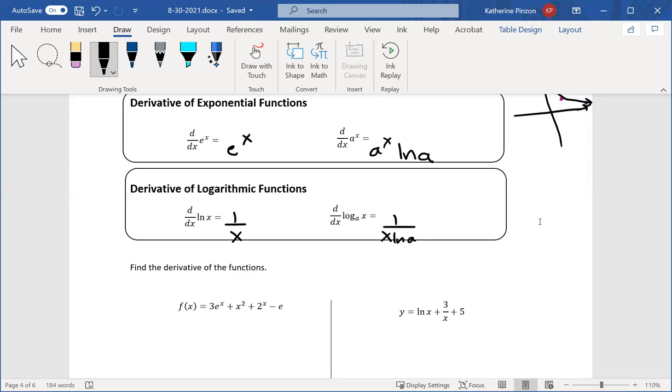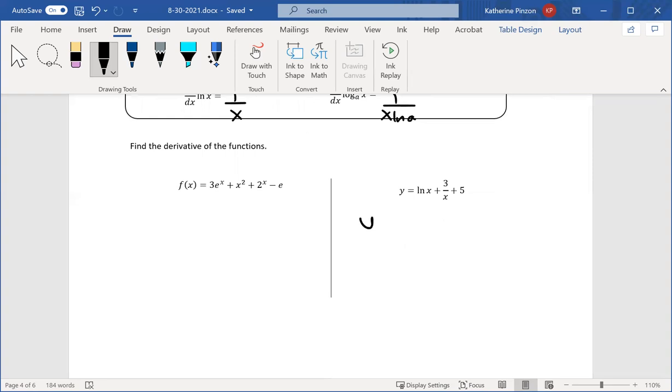Zero. There's no x's there, right? It's a constant term. Okay, this one's a natural log. I'm going to use this natural log rule. How about this one? Power rule. I'm going to rewrite it and use the power rule. And then this one? 0. Okay, let's try it.